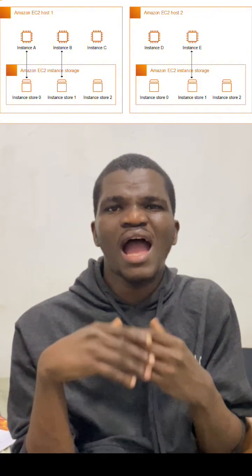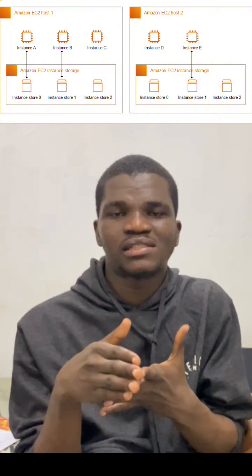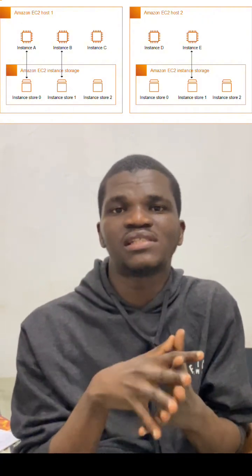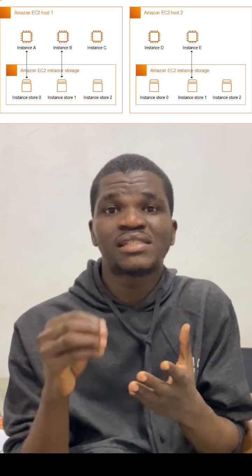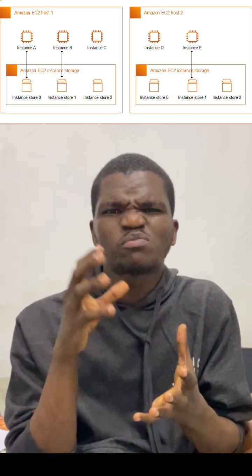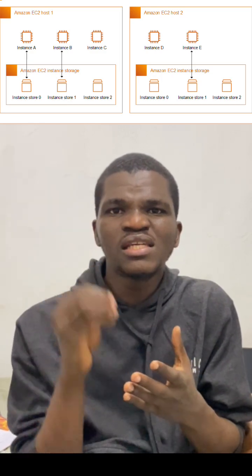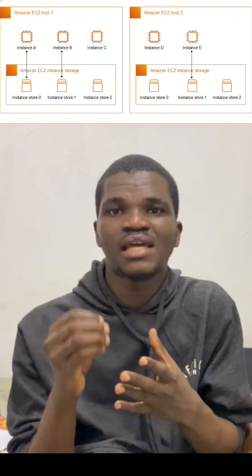This one has higher performance than EBS volume itself. It is not like EBS volume that can store a small amount of data. This one can store a large amount of data, and it has higher performance than EBS volume.